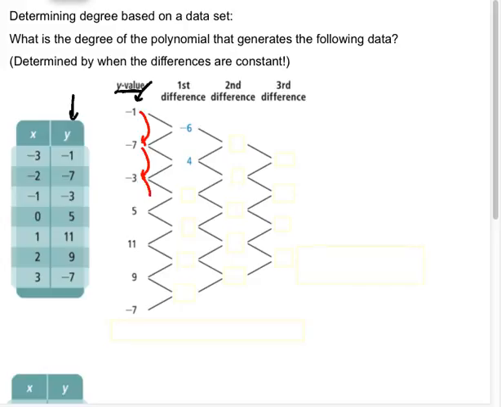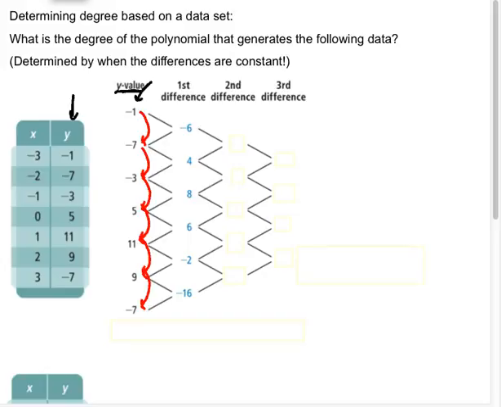How do I go from -3 up to 5? Well, that's me going up 8. 5 up to 11, you have to add 6. 11 back down to 9, you're subtracting 2. 9 all the way down to -7, that's going to be a -16.